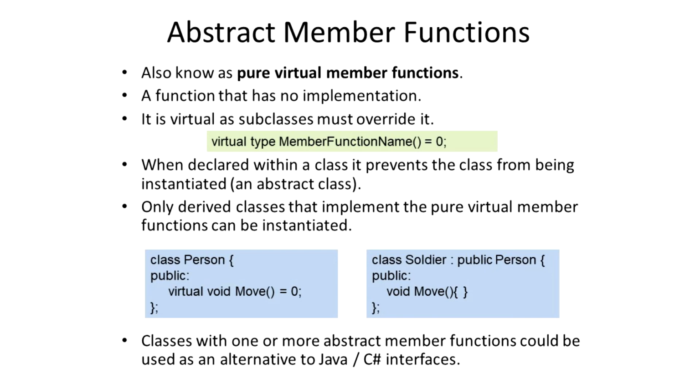And of course, remember the difference between overloading and overriding. Overloading is where you have functions of the same name but have a different parameter list, whether that's a different number of parameters or different types of parameters, as we saw previously. But overriding is where you have functions of the same name and functions of the same parameter list.